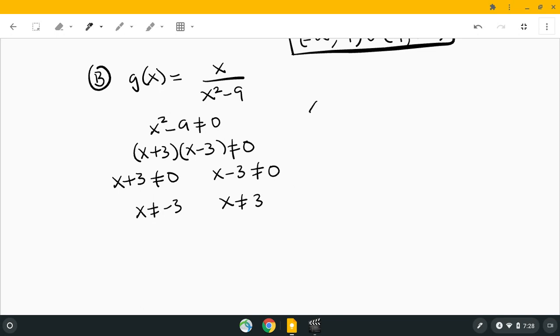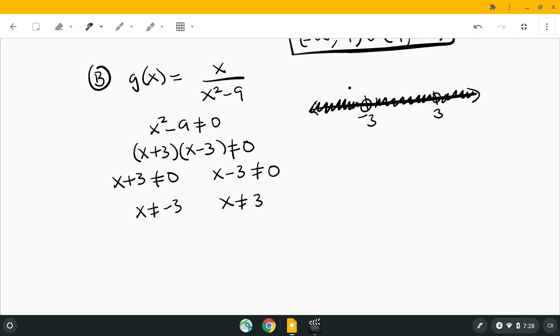If we look at that in terms of a number line, here's negative 3, so we're going to exclude that. And there's 3, we're going to exclude that. But our domain can be any of these other numbers here, right? So these are 3 regions that we need to describe.